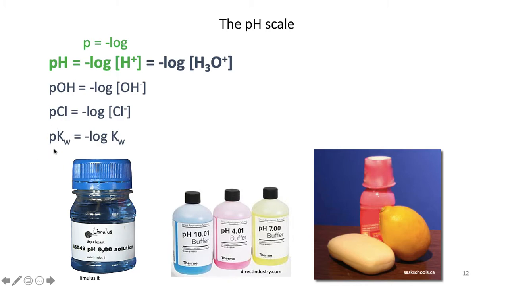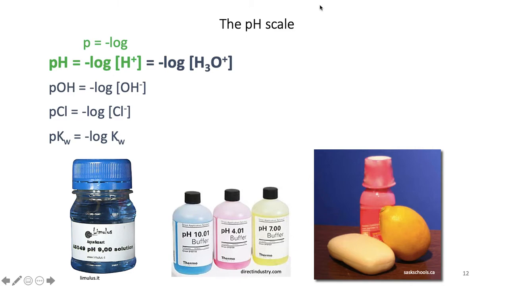If I have, for example, a pKw, this is the equilibrium constant for water dissociation or ionization. Well, that's the same as saying minus log. The P stands for minus log, and the Kw is the value of Kw, which is 1 times 10 to the minus 14th, etc.